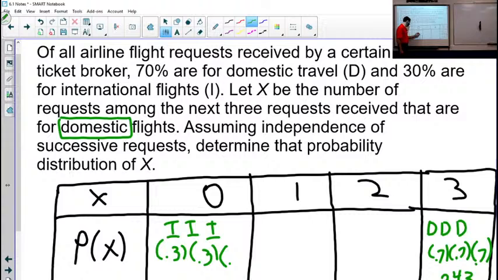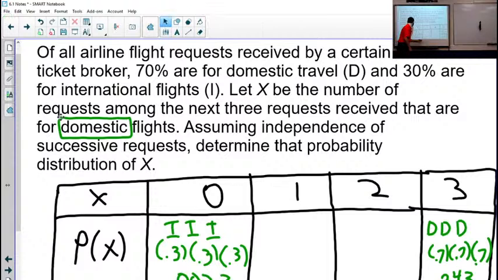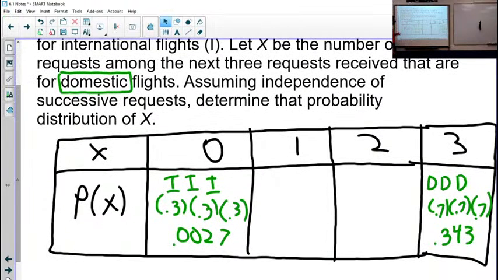And I need the third one to be international. And I believe that should be 0.0027. So less than 1% chance of that one.